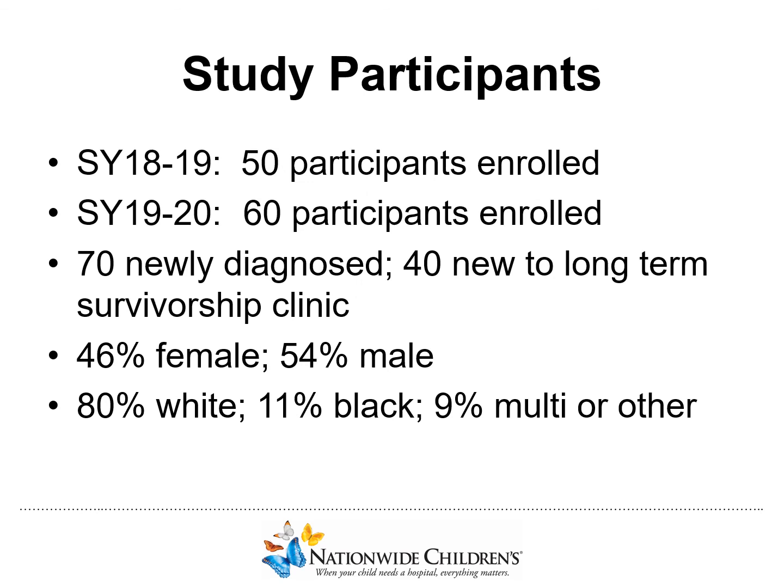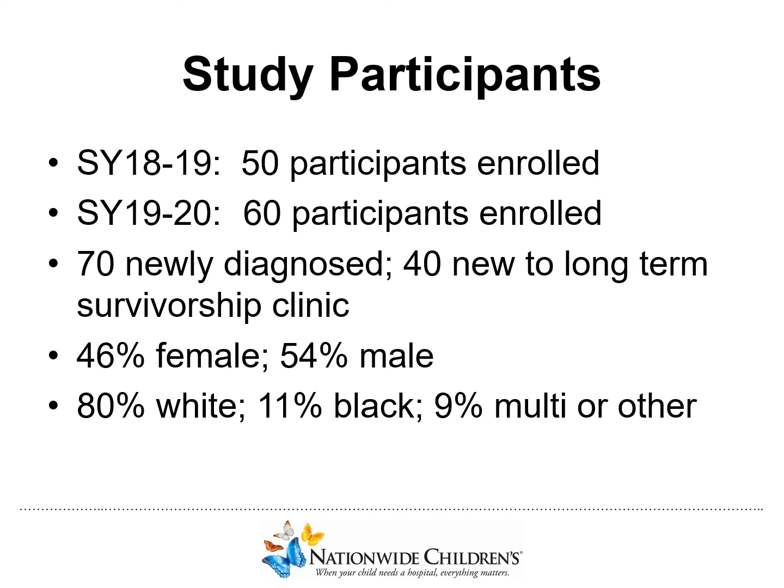So we had a total of 110 participants enrolled. 50 were enrolled the first year and 60 the second. The first year we got off to a slower start in the long-term follow-up clinic, so we had fewer than we had anticipated. The second year things were rolling right along, but then again we had to stop 4 months early.